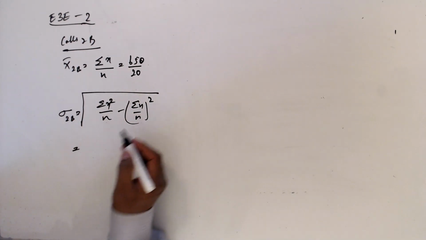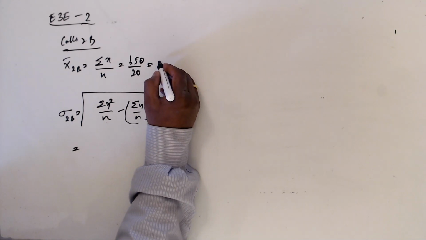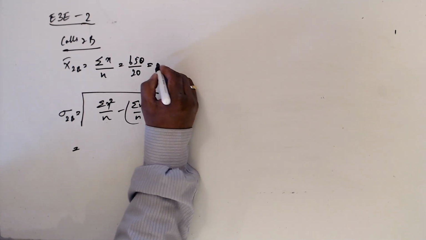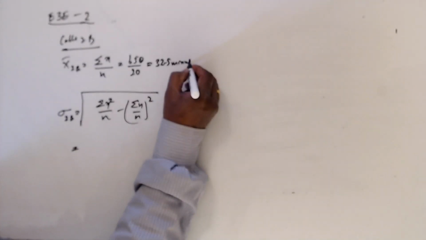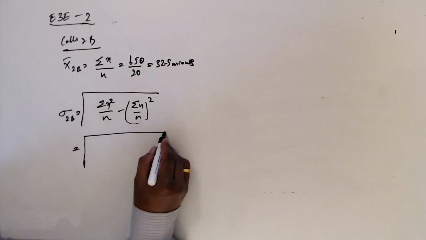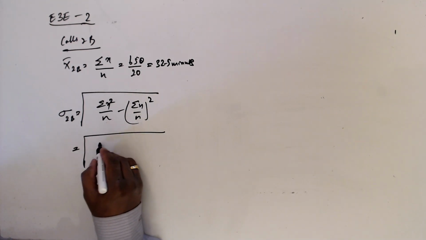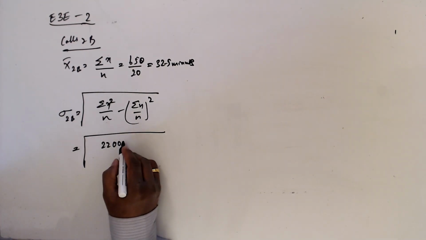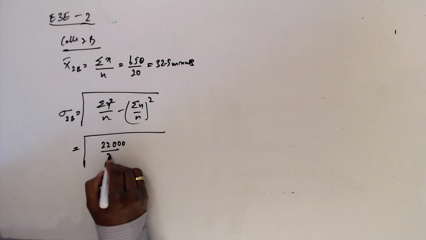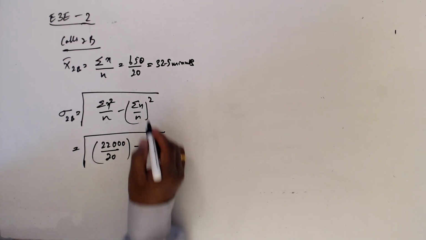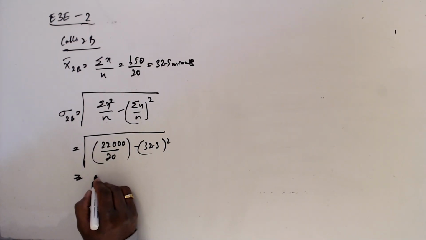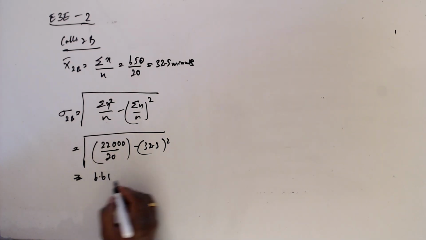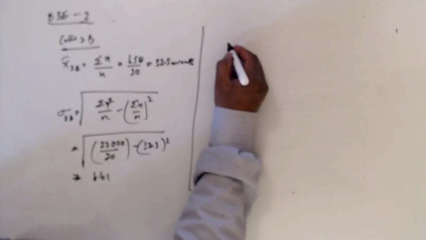So this value is going to be 32.5 minutes, and summation x squared is given as 22,000 over 20 minus 32.5 squared. So sigma 2B is 6.61.